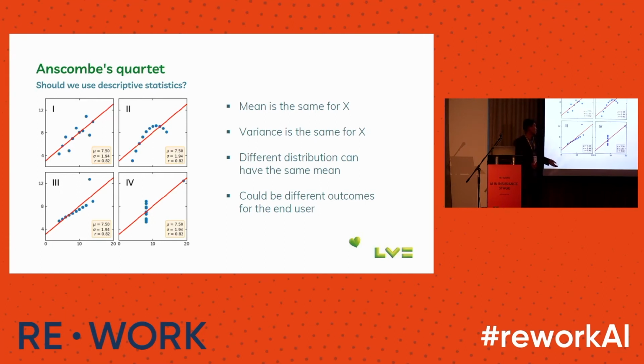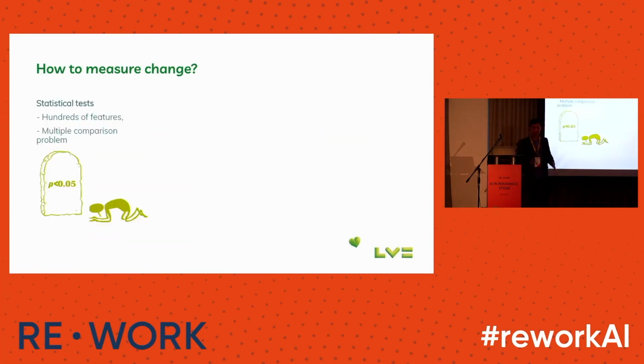So if we don't want to measure some sort of metrics, then we can compare, say, two distributions. In this case, there are a lot of statistical tests that do that. But again, what you want to keep in mind is this multiple comparison problem. Statistical tests have a p-value, which means occasionally the distribution is the same, but it would have a low p-value.